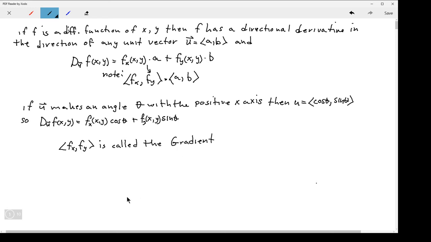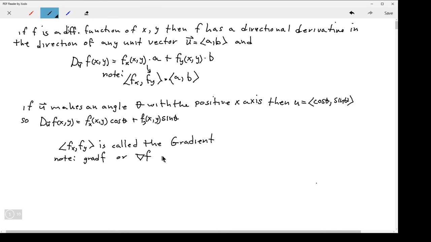Now we have notation for the gradient. There's a couple that we use, and there's one that I pretty much always use. You can write grad f for the gradient, or you could write an upside down delta f.